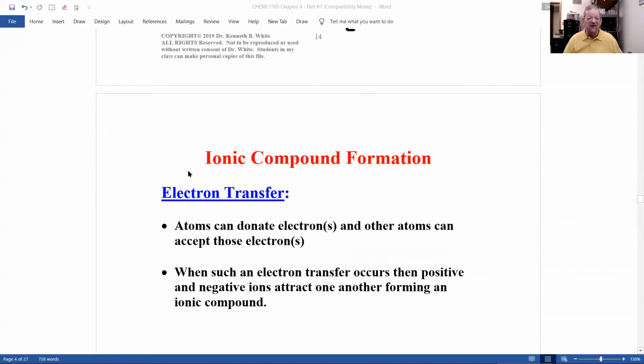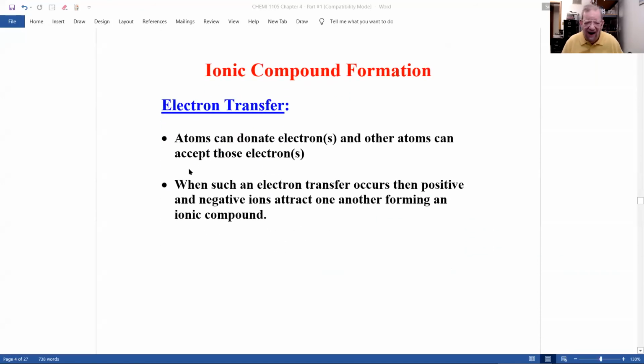That's because when we talk about ionic compounds, which deal with ionic bonds, they deal with the transfer of electrons. Remember, for ionic compounds, atoms can donate electrons to other atoms that accept them.